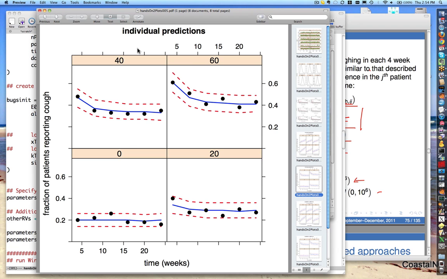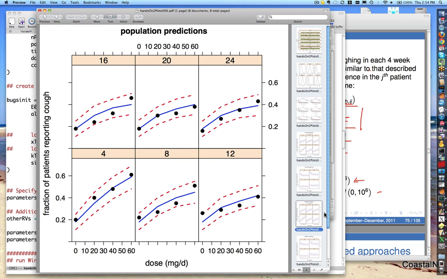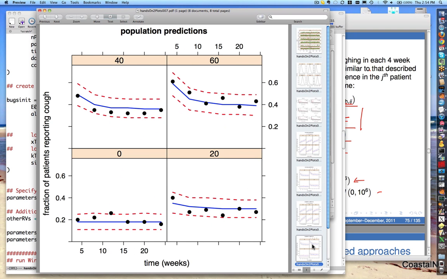These are individual predictions. Now keep in mind what we're doing here is we make individual predictions for each patient, and then we summarize the individual predictions by taking averages over the treatment groups. Now we can do the same thing down here for our population predictions, again plotted versus dose or plotted versus time. The one thing you'll notice in this instance is the individual predictions and the population predictions don't look a lot different.